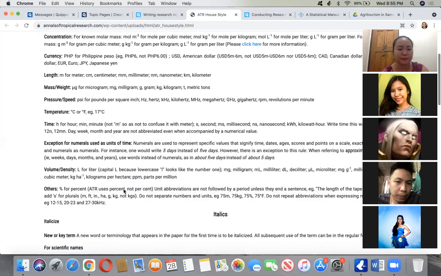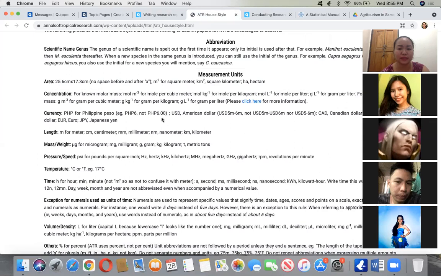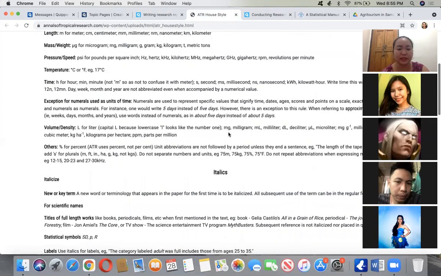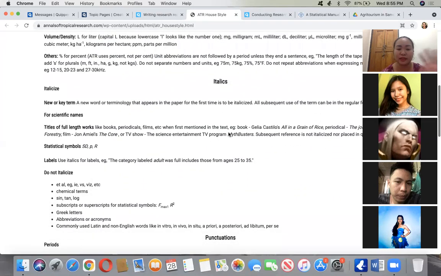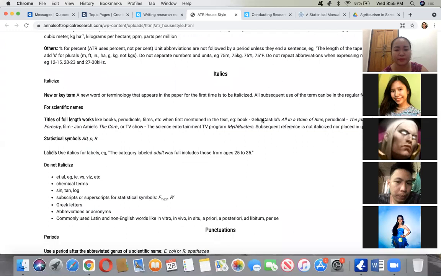You just take note of the following. And there is even more information here. So this is just a sample of their writing style. And you should italicize the word or terminology that appears in the paper for the first time, like also the scientific name, something like that.